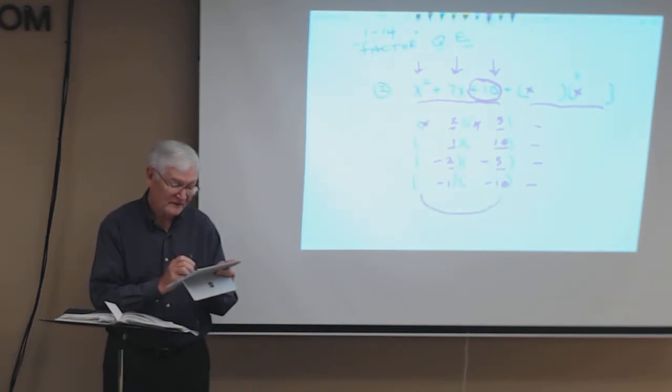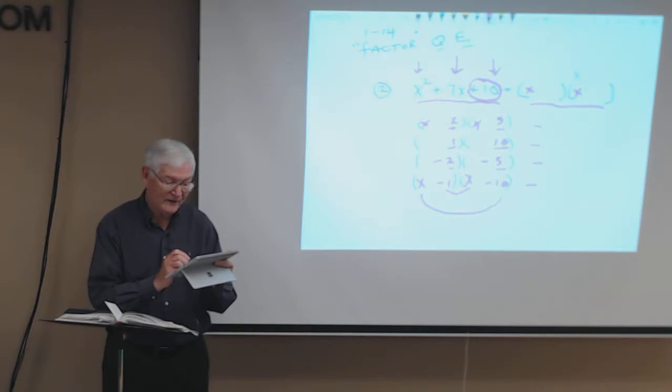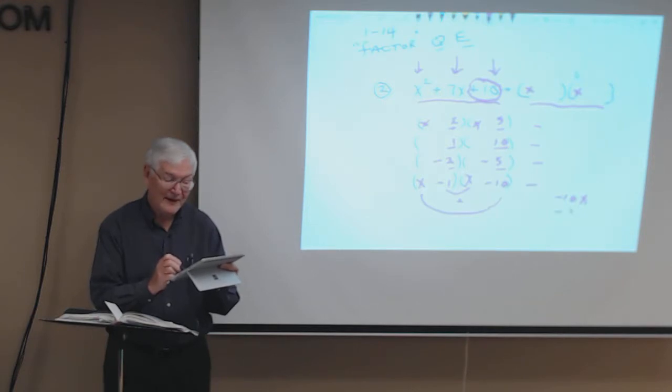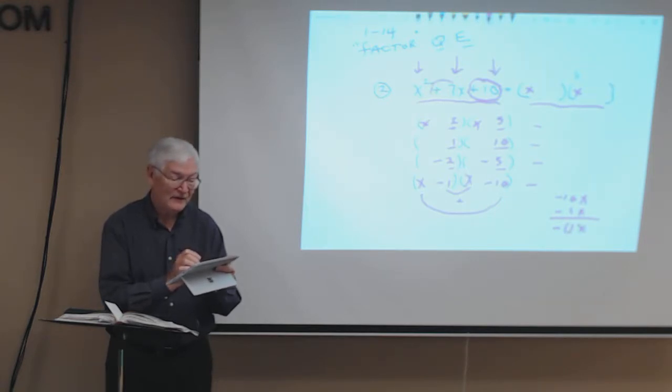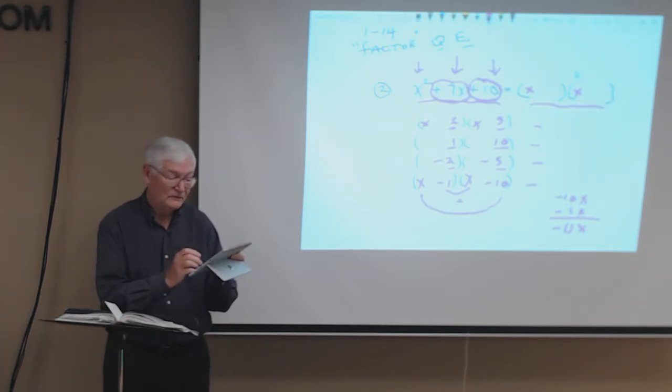This is X, and this is X. And then you multiply the inside, and you add them together. So what's negative 10 times X? What's negative 1 times X? What happens when you add those together? Negative 11x. Does that look like positive 7x? No. So that one's no good.